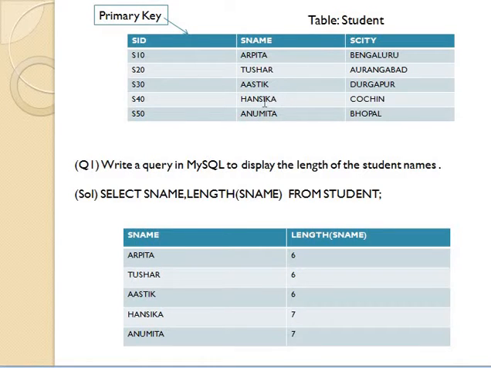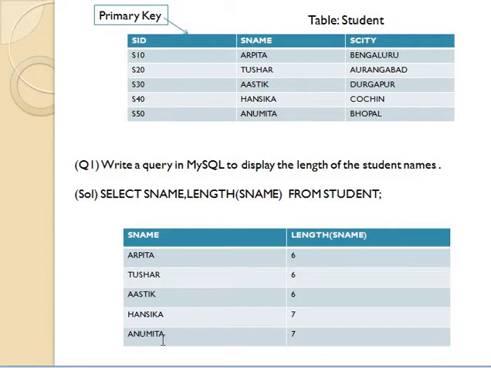In the same way, for the fourth entry Hansika, since the total number of letters comes to 7, LENGTH(SNAME) shall return the value 7. And finally, for the last entry Anumita, since the total number of letters comes to 7, selecting LENGTH(SNAME) from the table student will return the value 7.